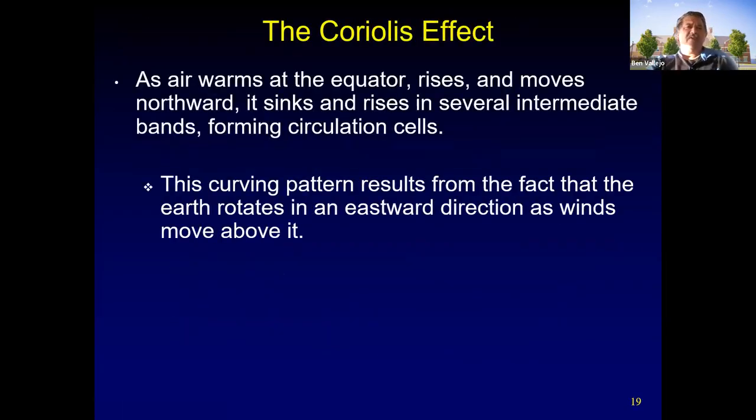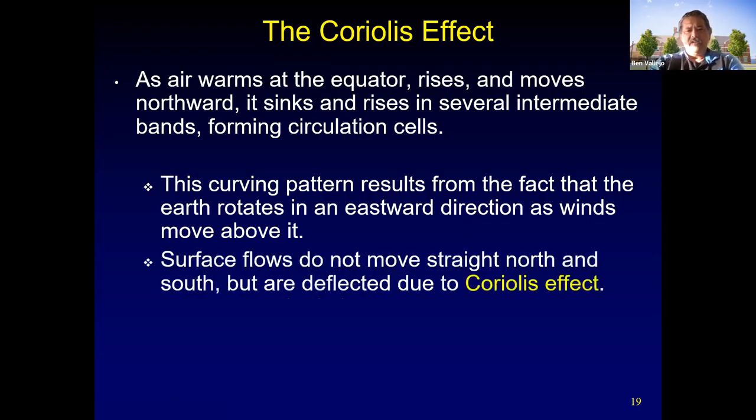Here's a mention of the Coriolis effect. As the air moves to the north or to the south, away from the equator, it doesn't move just straight north or straight south. You have to take into account the rotation of the Earth. So it's going to be in a curved pattern, and essentially the curving results from the fact that the Earth rotates in an eastward direction as the winds move about it. And that's called the Coriolis effect.